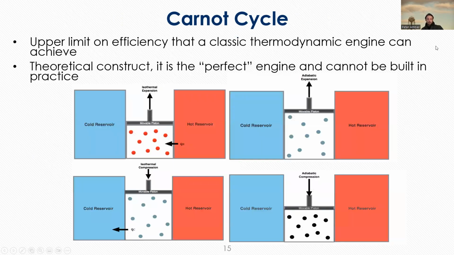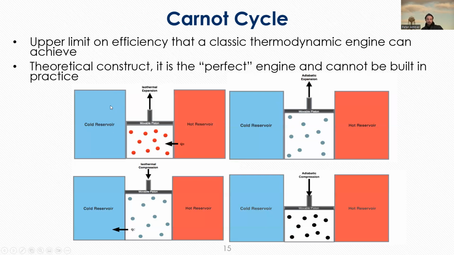So, the Carnot cycle: an upper limit on the efficiency that you can achieve in a thermodynamic cycle. Again, this is a theoretical construct. If your starting state is something like this, these are the cycles that you move through in order to extract energy and work, which is moving this piston up and down.